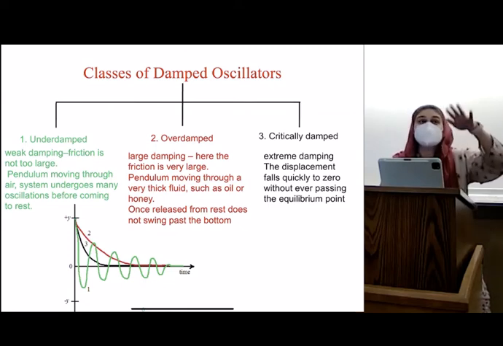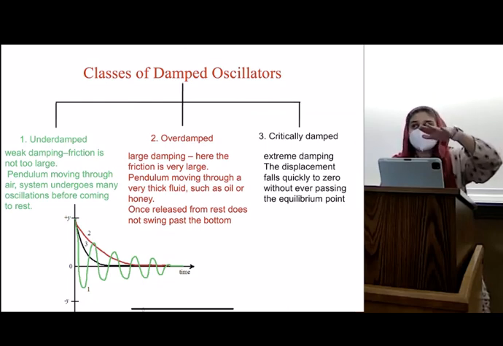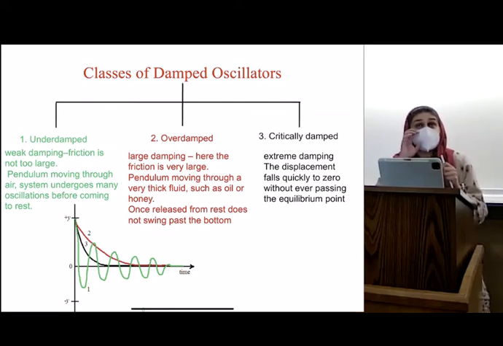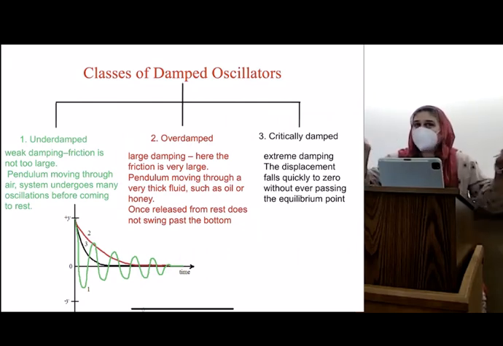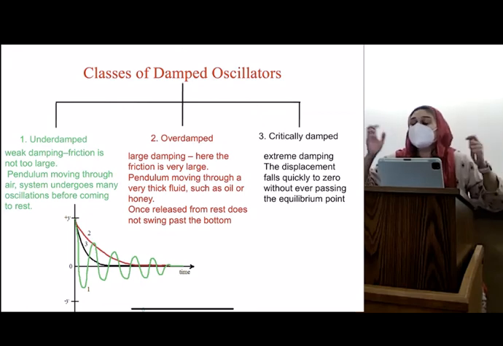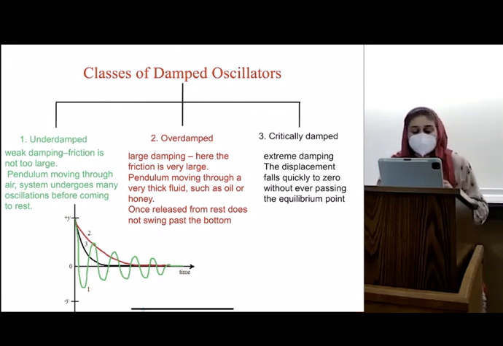It will come quickly down, but it will still oscillate maybe once or twice. Critically damped is what happens when you put your mass in honey, for example. Is honey really viscous? Is it really thick? So what will happen if you try to move anything in honey? It won't go anywhere. That's called critically damped.